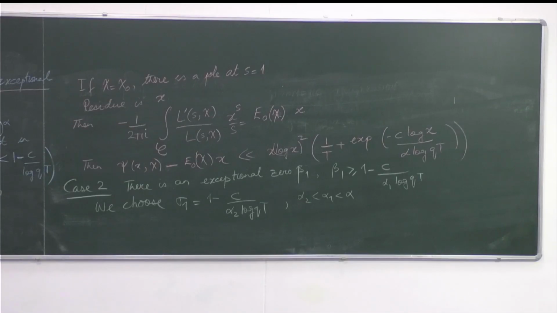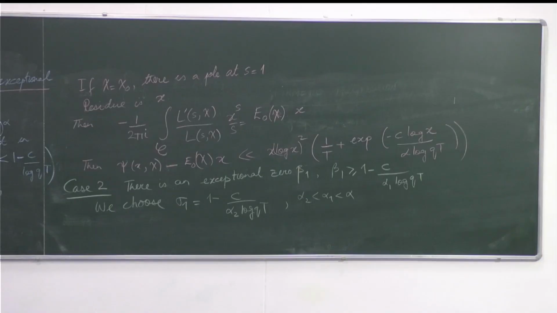So what will happen now inside the contour? Can you guess? You know the zero free region. Beta 1 is greater than 1 minus c, so I get a pole. Where? Inside, at beta 1.